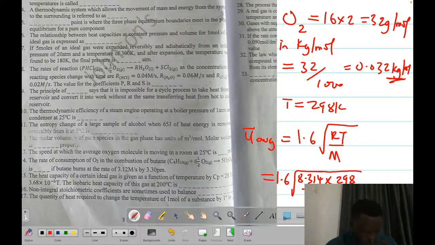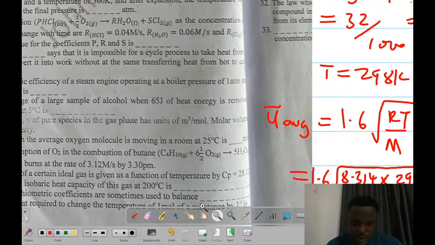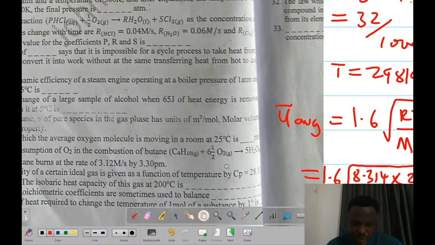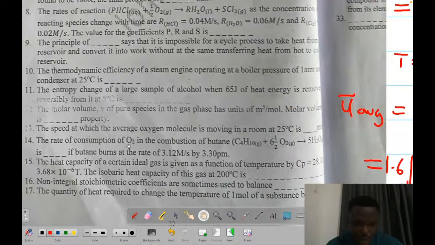So let's look at question number 14. Now, quickly look at this. I'm just going to use a shortcut to solve for this. They said the rate of consumption, please make sure you watch the video I'm going to post later today for chemical kinetics. The rate of consumption of O2 in the combustion of butane. Now, this is a reaction.